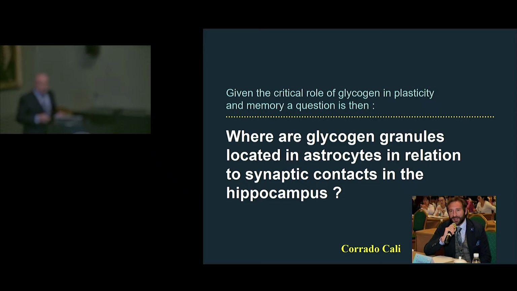Then we ask the next question. If glycogen is so important in memory consolidation through glycogenolysis and the production of lactate, where is glycogen localized in the astrocyte? This is, again, very time-consuming work by Corrado Calì, who's now a professor at the University of Torino, and many master students and interns that came over 3, 4, 5 years even.